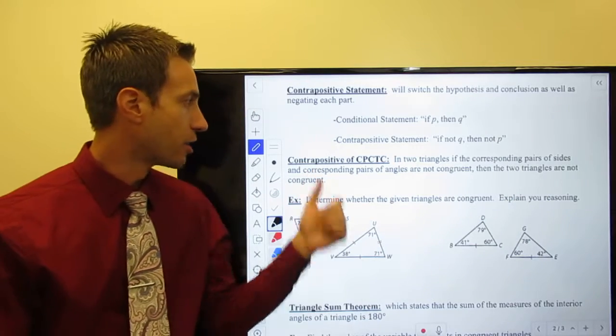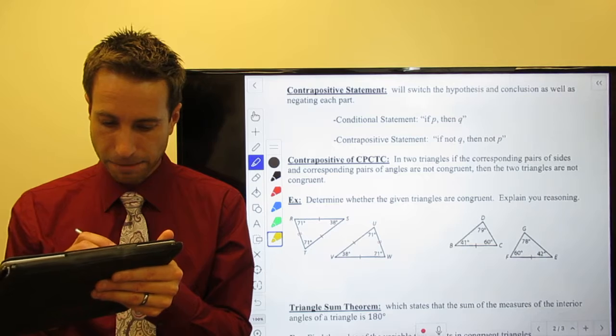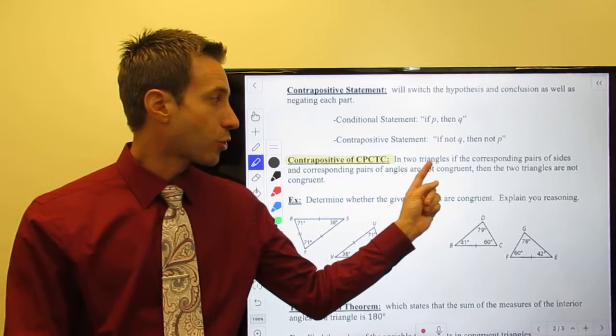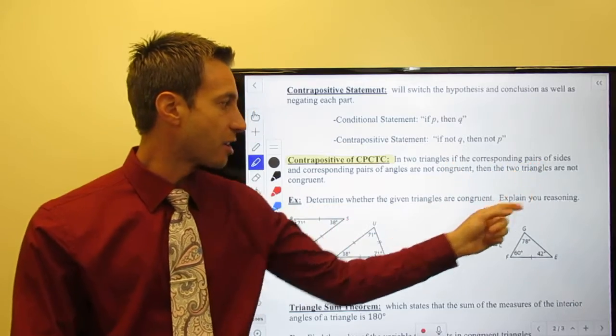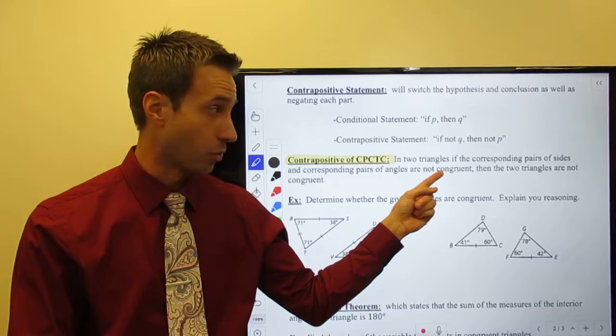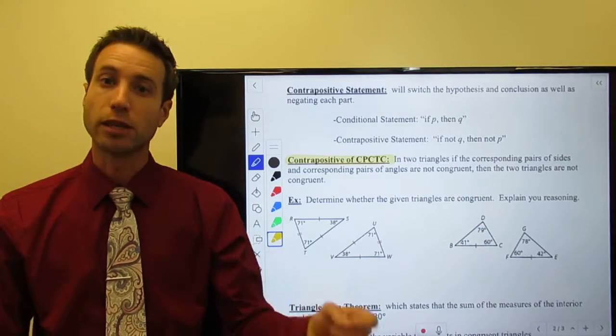Here's how it works. The contrapositive of CPCTC, well, you can read it: in two triangles, if the corresponding pairs of sides and corresponding pairs of angles are not congruent, then the two triangles are not congruent.